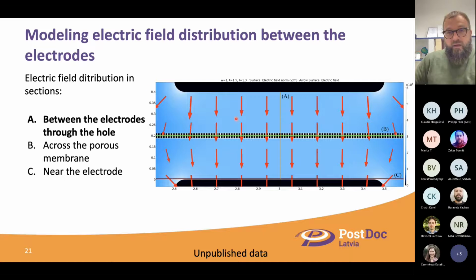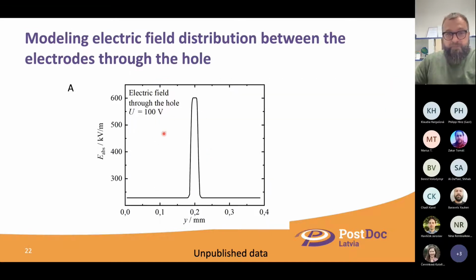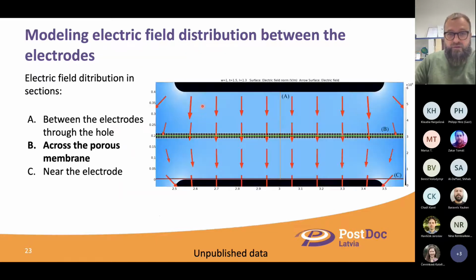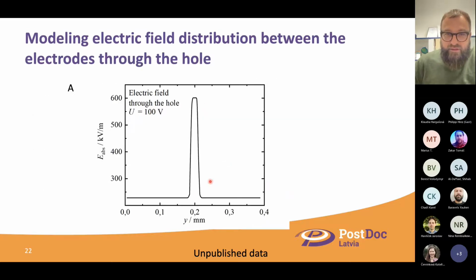When the pulse is applied, because most of the polycarbonate membrane is an isolator, most of the electric field will be concentrated and form nice peaks through the hole or through the pore inside of the polycarbonate membrane.